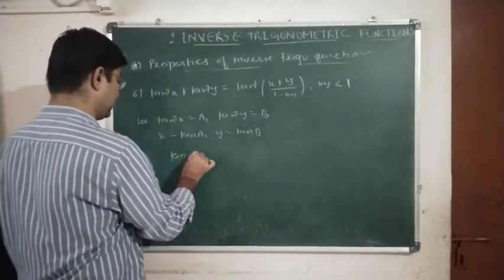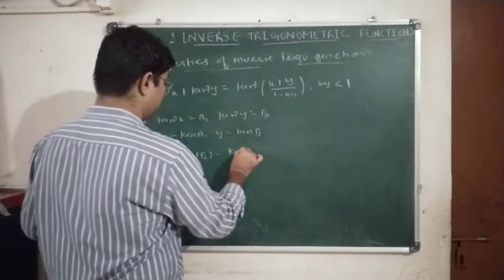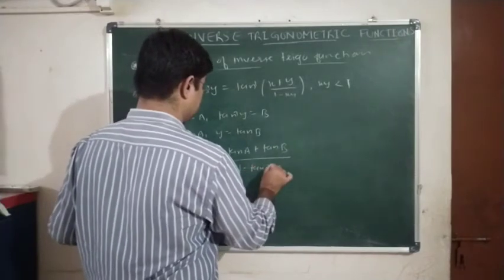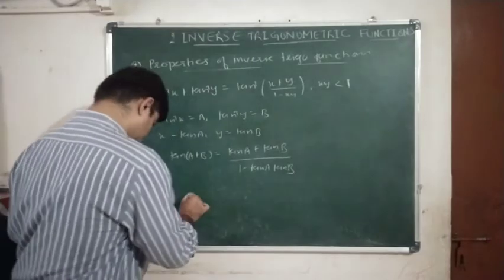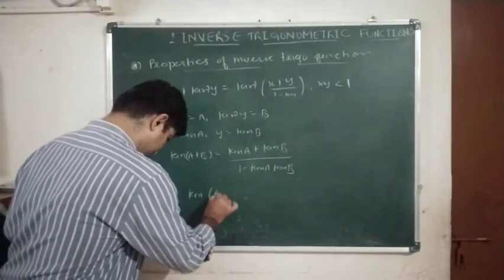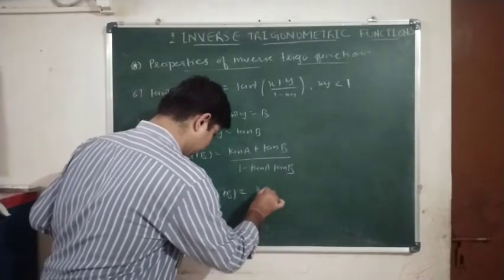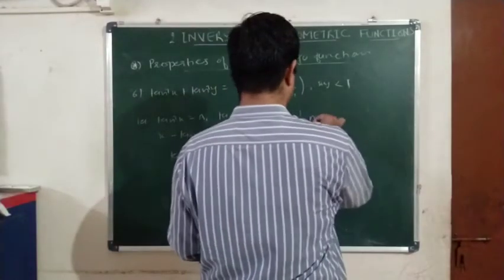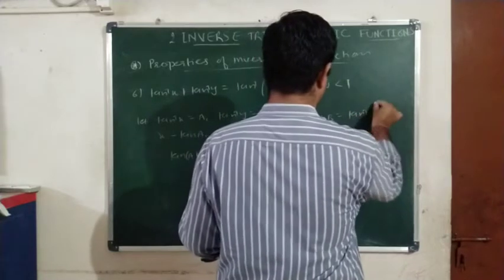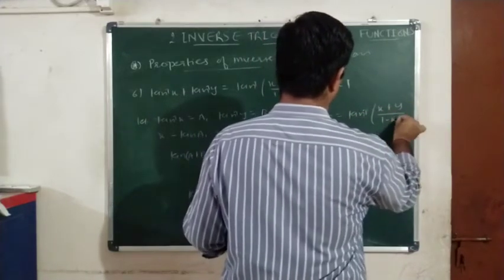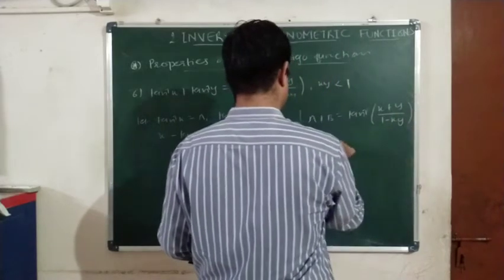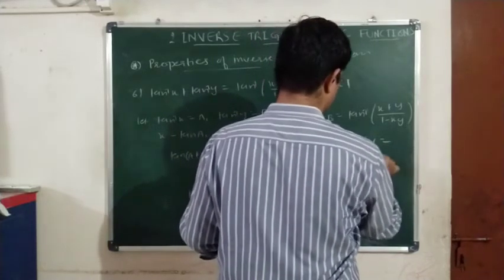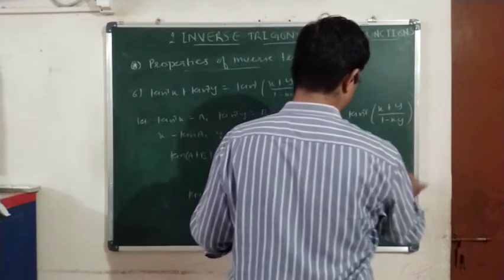Now we have the formula tan(a plus b) is equal to (tan a plus tan b) upon (1 minus tan a tan b), and therefore a plus b is equal to tan inverse of (x plus y) upon (1 minus xy), and therefore tan inverse x plus tan inverse y is equal to tan inverse of (x plus y) upon (1 minus xy).